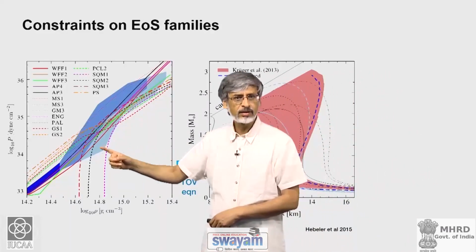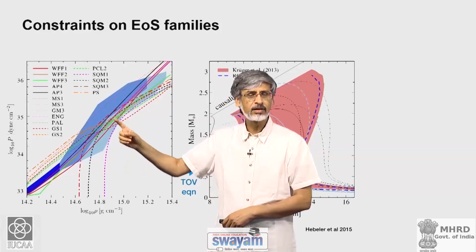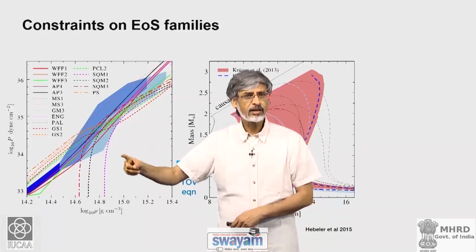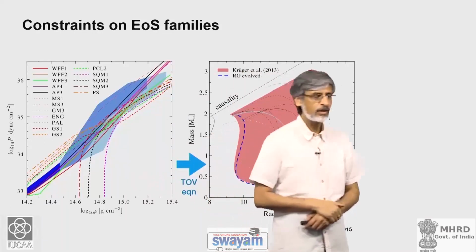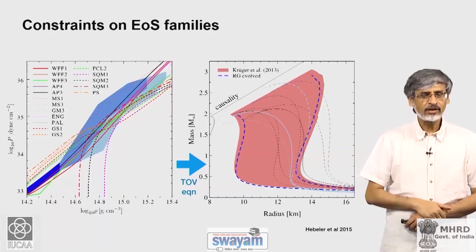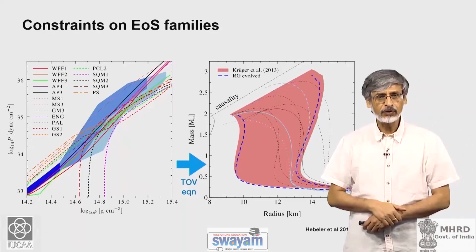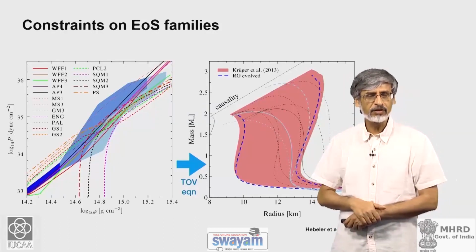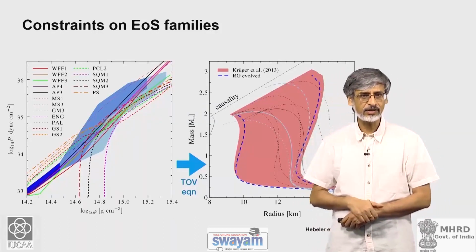And in this shaded colored region are indicated the regions of pressure density relations which are allowed by the laboratory as well as astrophysical constraints.